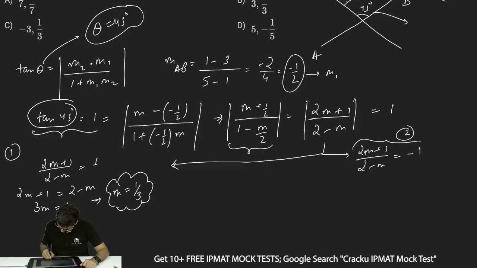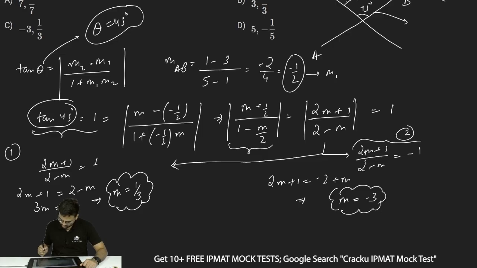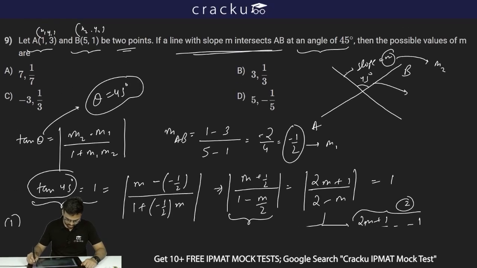So I can write 2m plus 1 will be equal to minus 2 plus m. I can take m to the left hand side and 1 to the right hand side. So this will come out as m is equal to minus 3. So m is equal to 1 by 3, or m is equal to minus 3. These are the two possible values of m, and therefore option C, which is minus 3 comma 1 by 3, will be the correct answer.